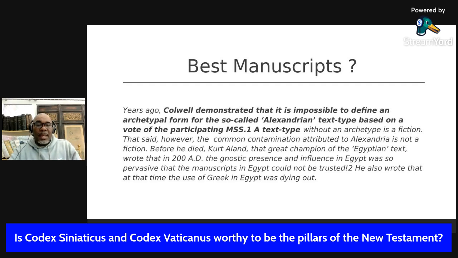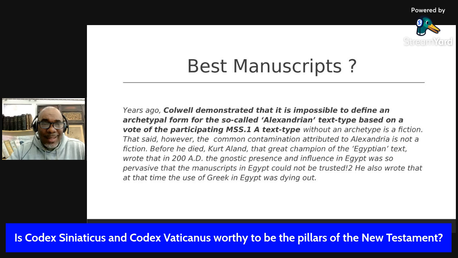Now, the point is this: scholars have looked to Egypt, especially Alexandria, for their manuscripts. You had numerous Gnostic sects, heretical sects in that area. You had one of the biggest controversies since circumcision in the book of Acts, relating to the nature of Christ, happening in that same area.